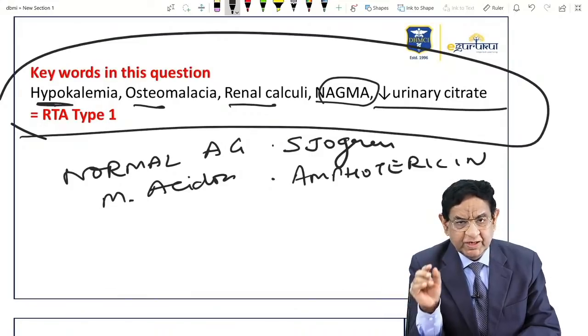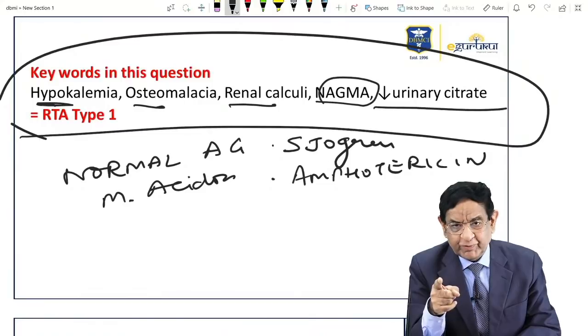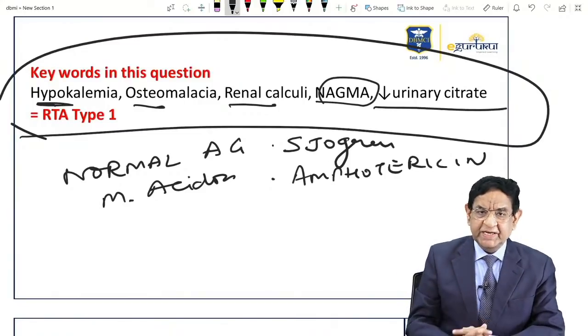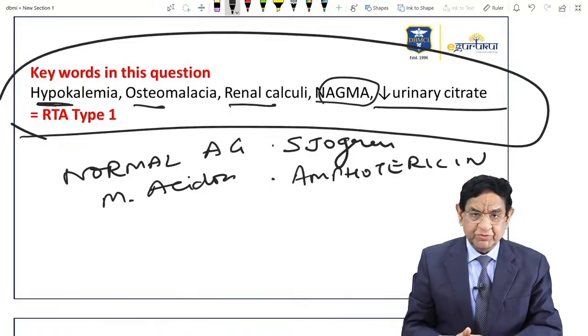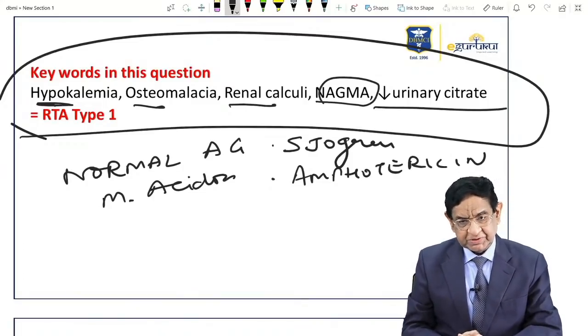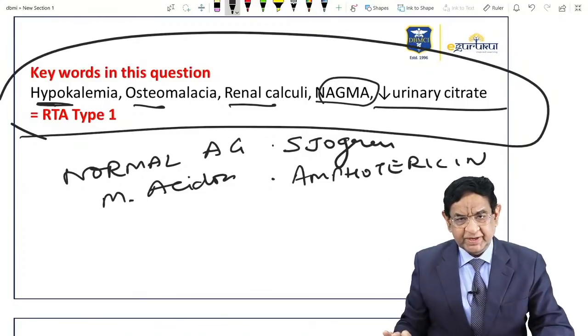Hypercalciuria. What happened to renal stone? Yes, formation occurs. And urine pH is more than 5.5. And finally, renal stone formation occurs. Why? Because the urinary citrate level is reduced. That's all. Every question will come from this summary only.